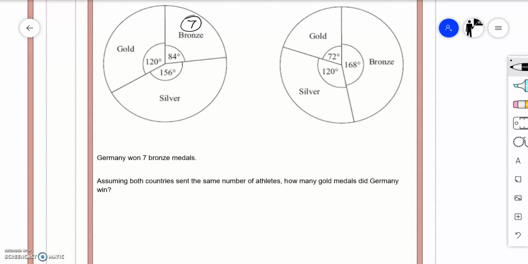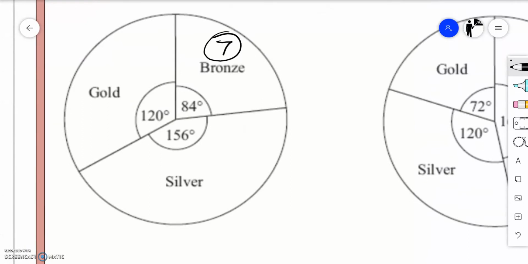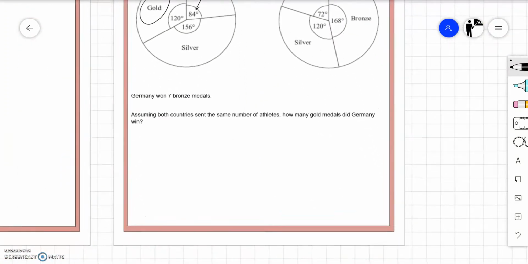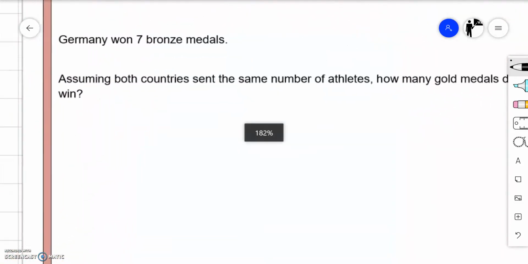So what we need to figure out here is what number is gold, and we know that this 7 bronze is associated with this 84 degrees. We're going to set this up like a proportion problem, because we want to figure out what is 120 degrees if we scale it up.